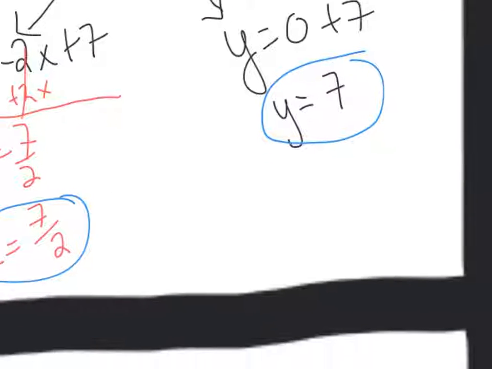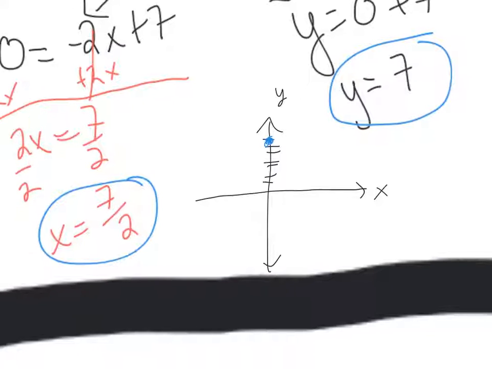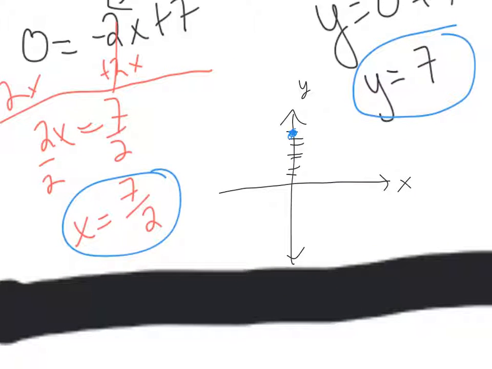Let's see how we can graph that, just doing a rough sketch. Here's my xy plane. Alright, x and y. And 7 up, 1, 2, 3, 4, 5, 6, 7. This is my y-intercept, so I'm going to draw a point at y equals 7, right there. And then my x-intercept, 7 over 2 is the same as 3 and 1/2.